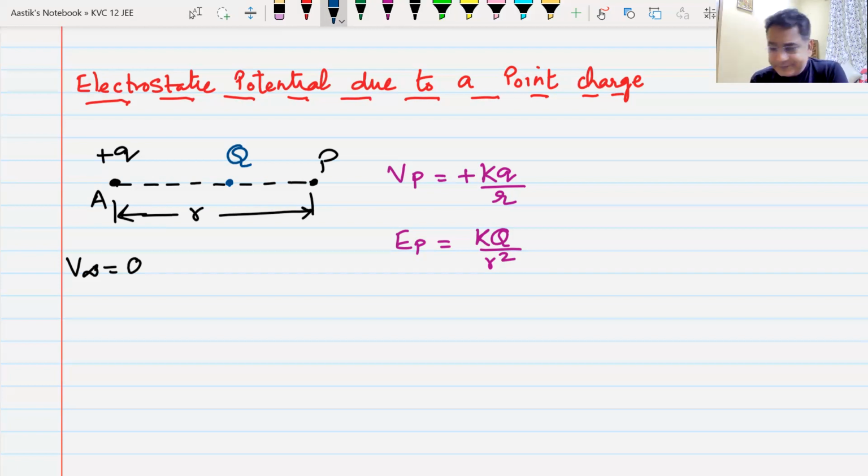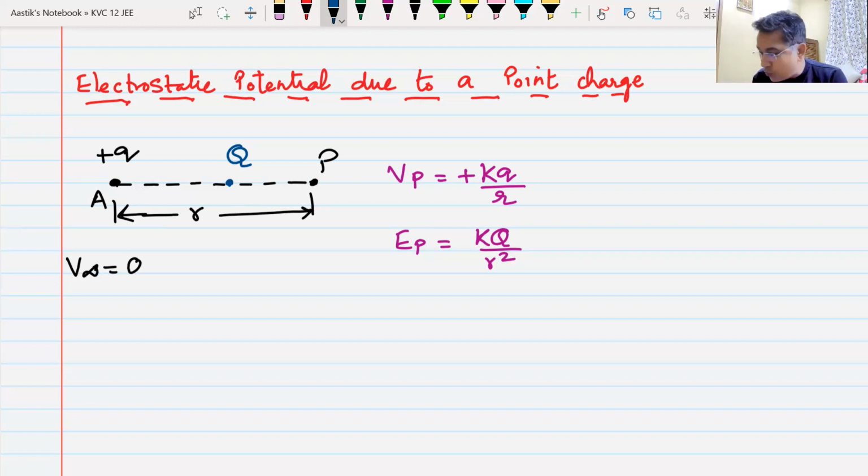Q and P are both in the electric field, so both have potentials. Whose potential is going to be more? Potential of point Q or potential of point P? Point Q, sir. Potential of point Q is going to be more because it is nearer to me, so I will create more potential there. Potential is influence. If you are closer to me, you will be influenced more. If you are far away from me, you will be influenced less. So potential of point Q is more than potential of point P.